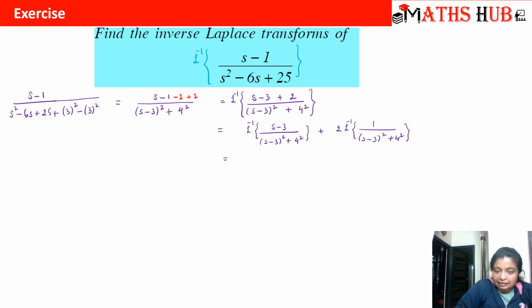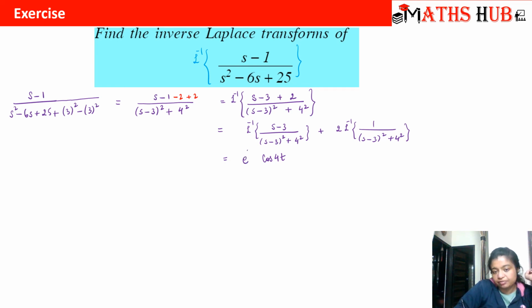So now, if you check these terms, let's do it mentally. You can see that s is getting shifted to s minus 3. So if you compare it with s minus a, your a becomes 3. So your basic function is basically s upon s square plus 4 square. So what is its Laplace inverse? It is cos 4t. And you are shifting s to s minus 3.